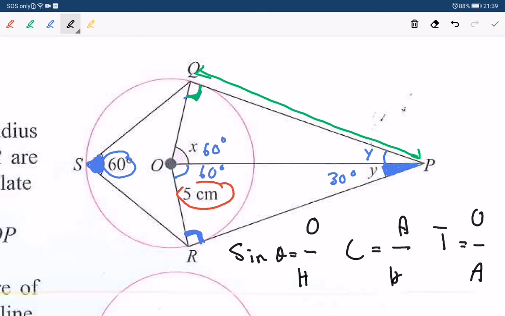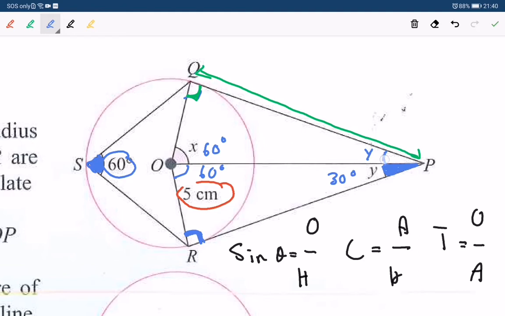Sin theta equals opposite over hypotenuse. Cos theta equals adjacent over hypotenuse. Tangent theta equals opposite over adjacent. So now, let's identify which one is the opposite, which one is the adjacent, which one is the hypotenuse. According to this one, we want to find the QP.